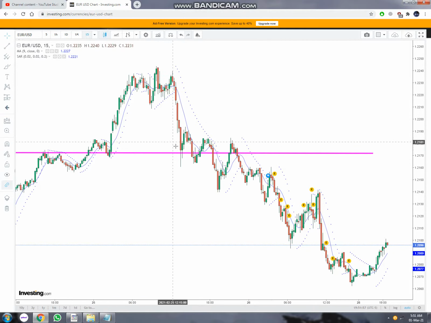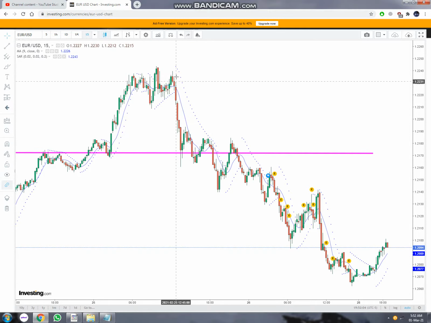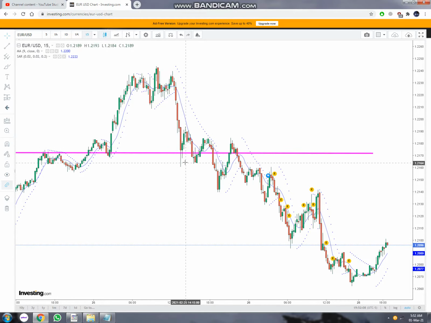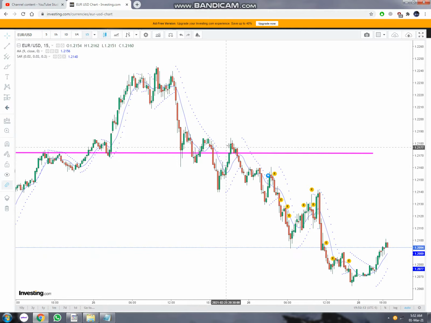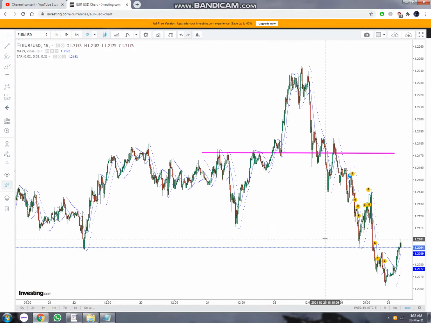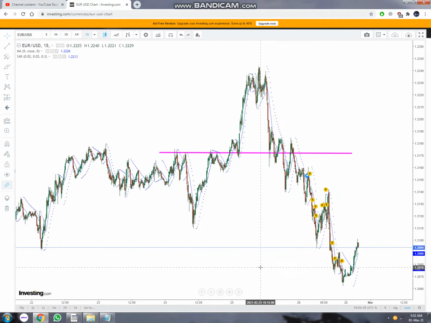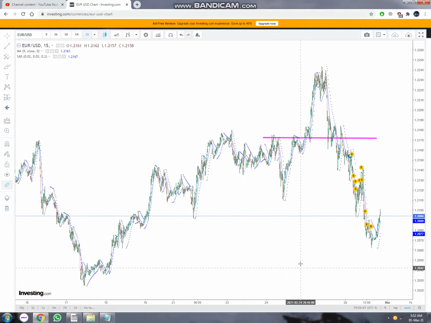As this chart, euro USD, was declining in a downtrend, you can see that this area was a major price rejection, but it didn't last that long and it broke this trend line beneath. You can see that it was now trading sideways.